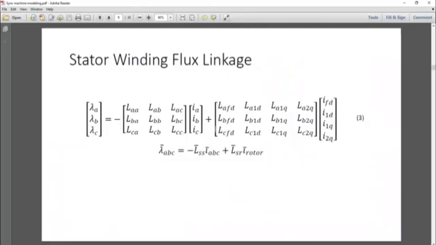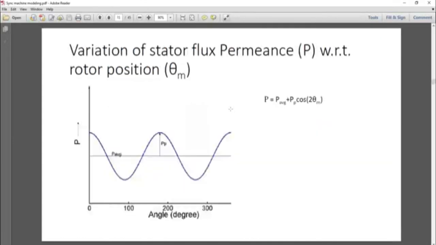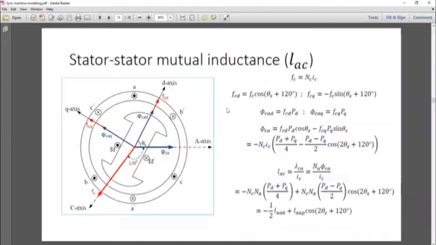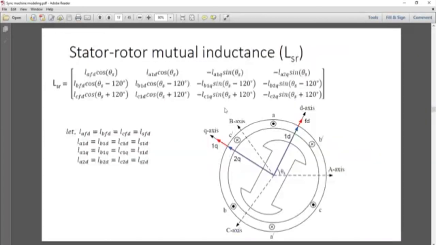This is the stator to rotor LSR matrix. LSR is stator to rotor. The first element is LAFD, the mutual inductance between the A coil and the field coil. How would you calculate it?